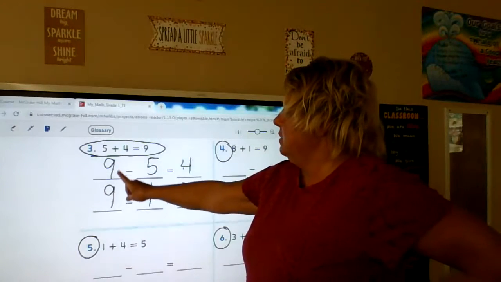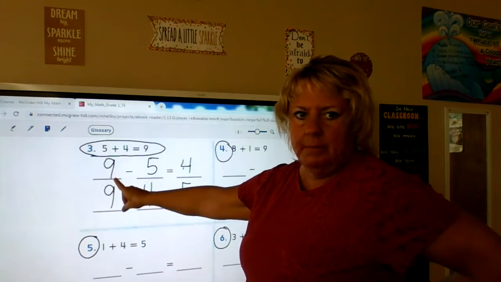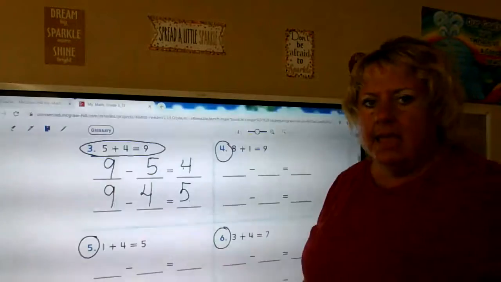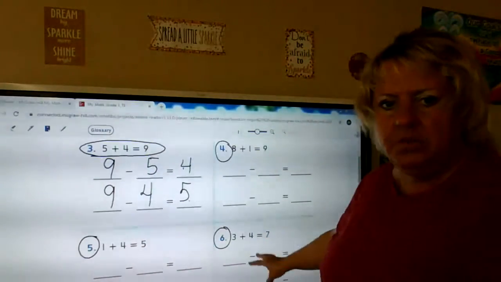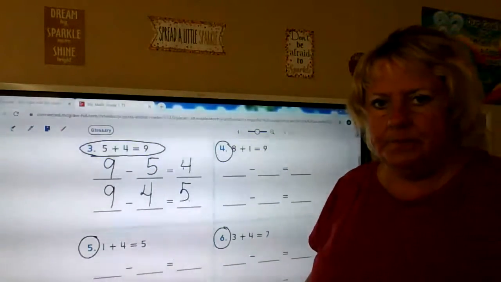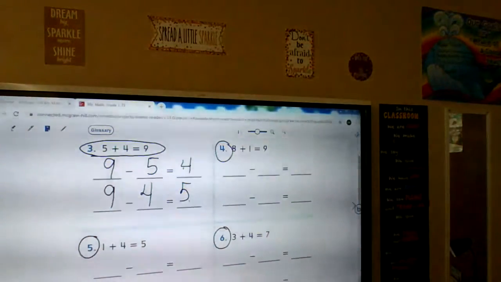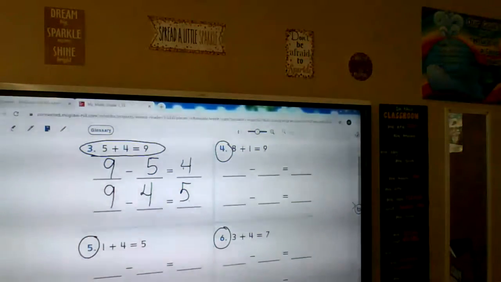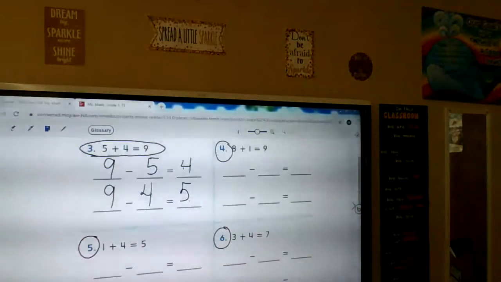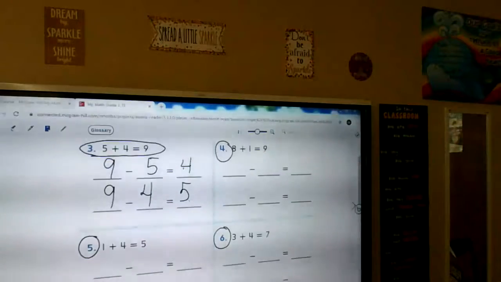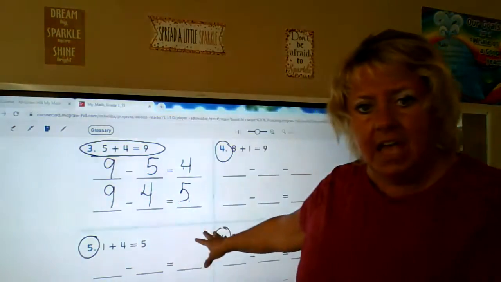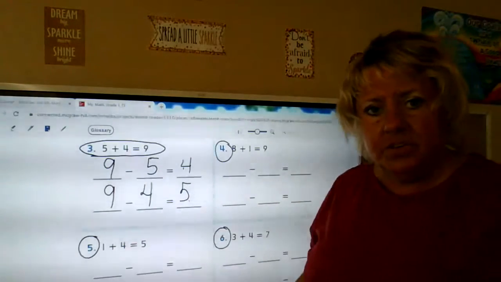Remember, when you are subtracting, you start with the big number, the whole. You can look at this one to help you do the rest of that page. All right, pause me and do the rest of that page. Check your answers when you're done, and then send this page to your teacher.